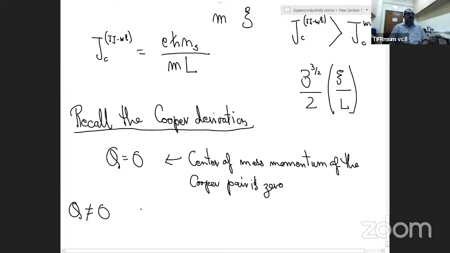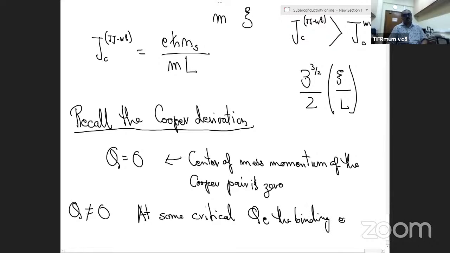What you will realize is that at some critical value Q_C, the binding energy of the pair will vanish.